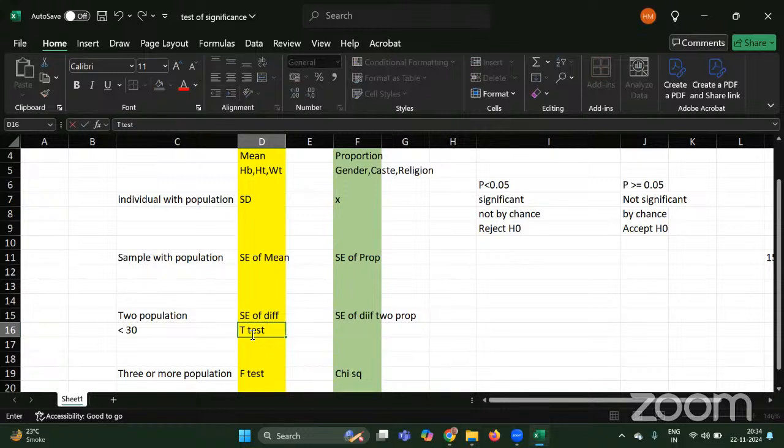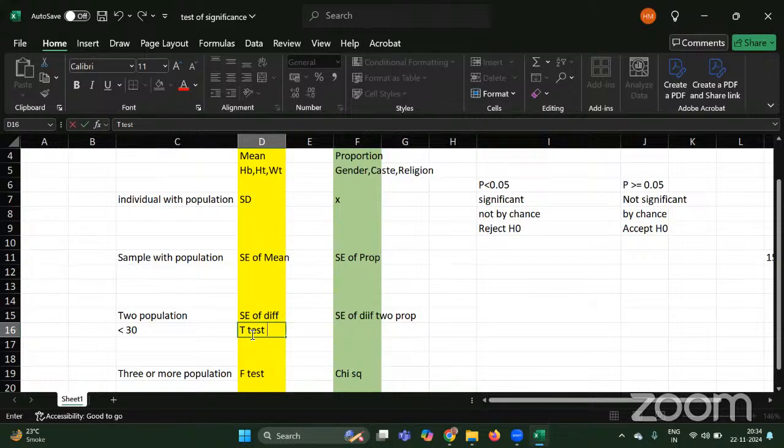And in this t-test, if observations are paired, like before and after in the same individuals, or for each individual we have taken a similar control, then we use the paired t-test. But if the samples are not paired, then we use the unpaired t-test.